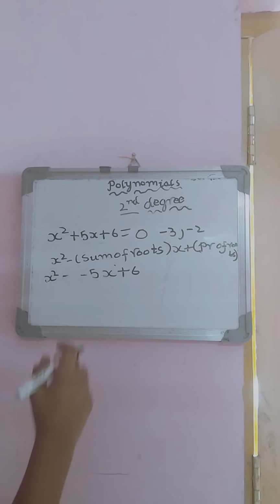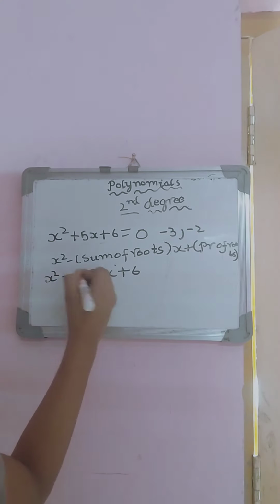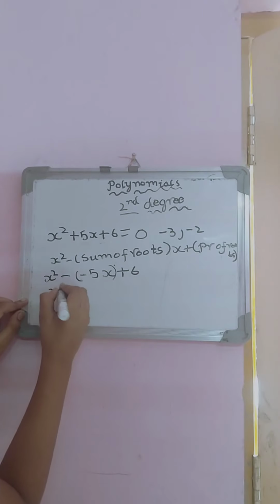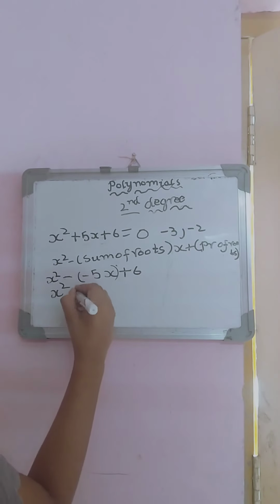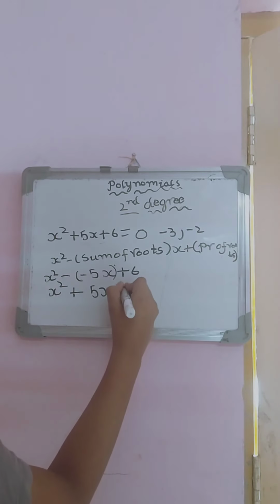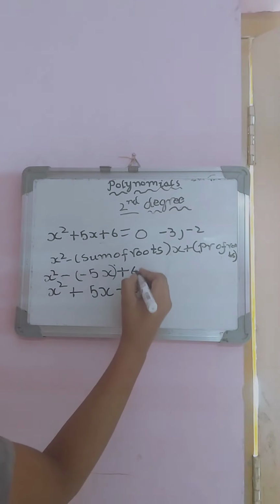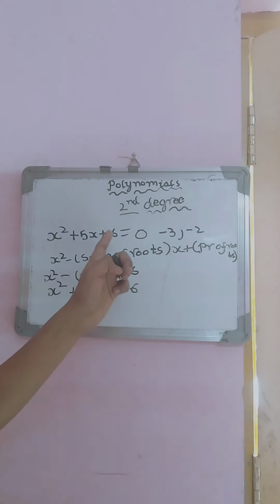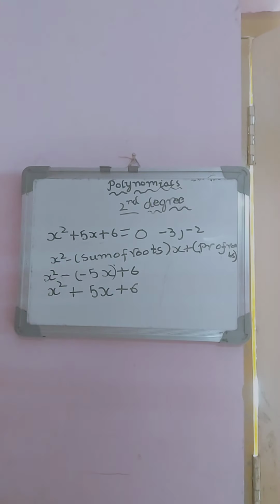Here x square minus of minus 5x: minus into minus is plus, so x square plus 5x plus 6. So this is the equation. This is how to find the equation from the roots.